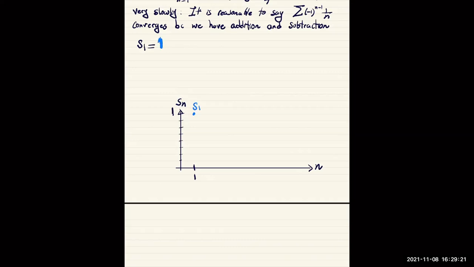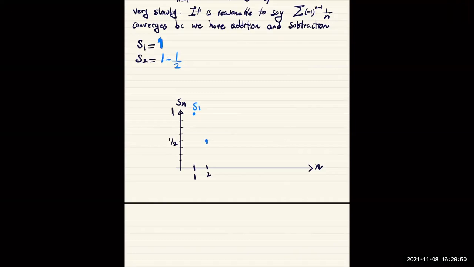And then S2 is the sum of the first 2 terms. It'll be 1 minus 1/2. 1 minus 1/2 means that you're going to go down by half. So when n is equal to 2, we go down by half. Half is right here.